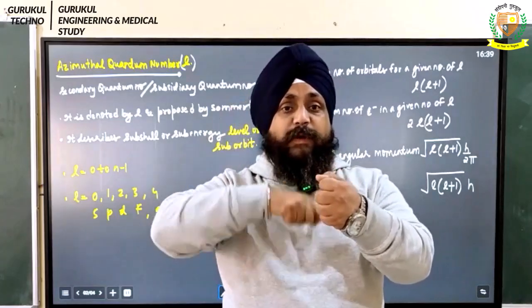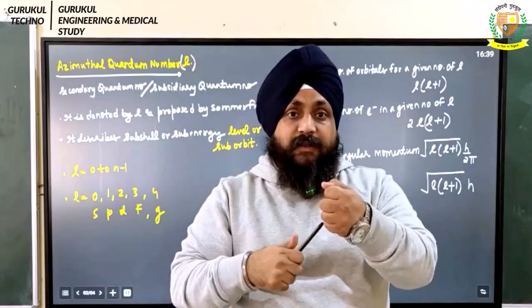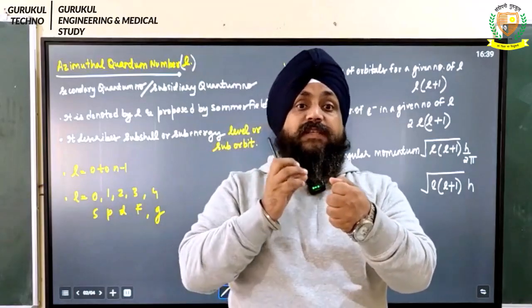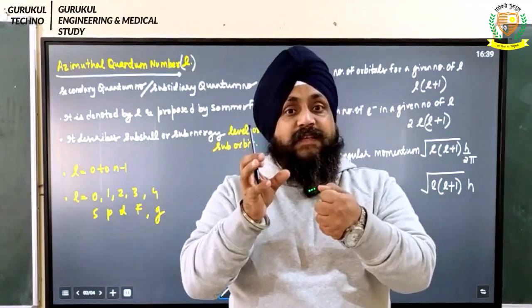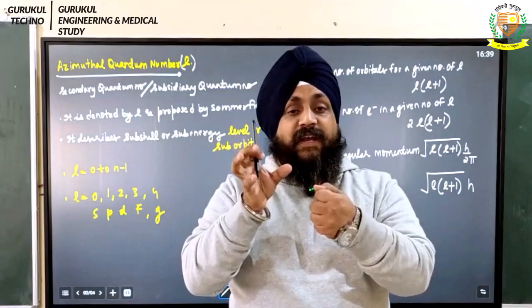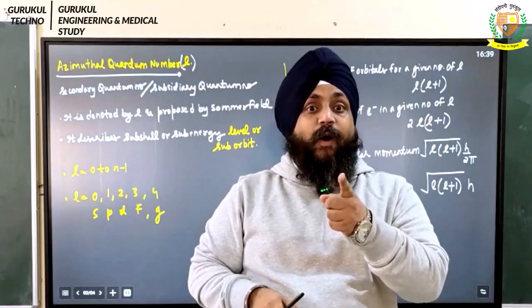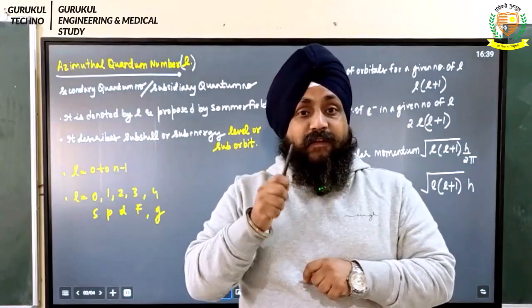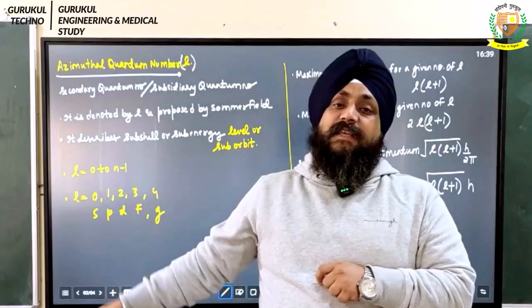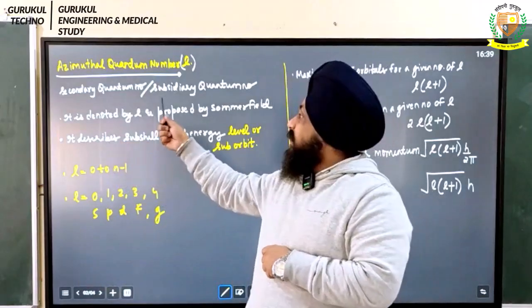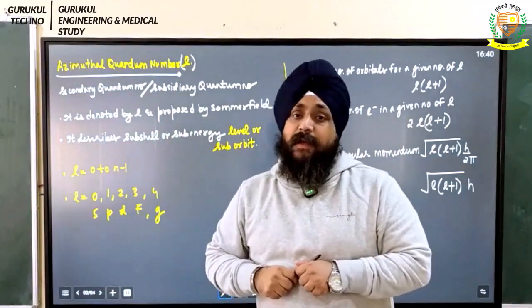The whole orbit does not contain electrons everywhere.